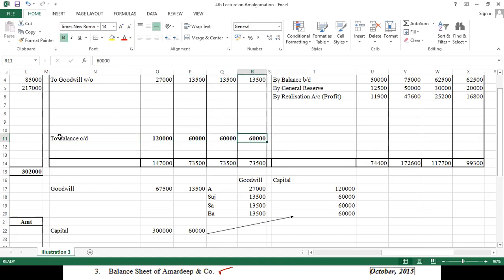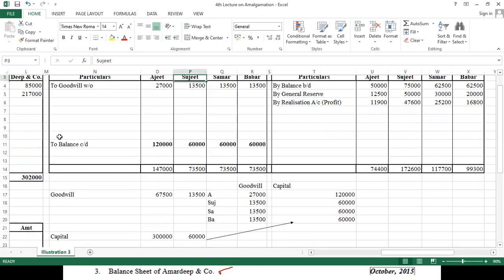Now we will settle the accounts of partners. If there is any difference, that will be adjusted through bank, because we don't have a cash account, so everything will be adjusted through bank. सबसे पहले हम देखते हैं अजीत का साइड.